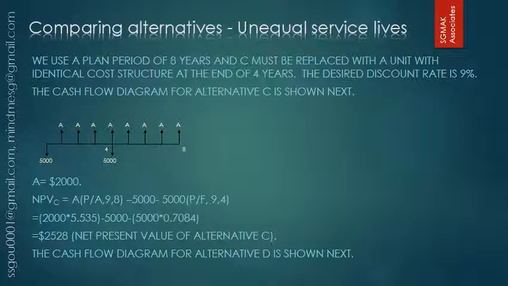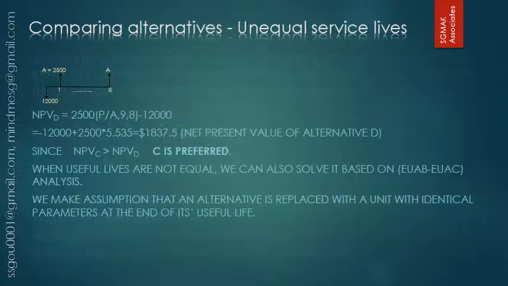Now let's look at the cash flow diagram for alternative D. It's simple enough. It has an initial investment of $12,000, an annual benefit of $2,500, no salvage value, and a service life of 8 years. That gives us the net present value of D, the present value of all benefits minus the present value of all costs, and that comes out to be $1,837.05.